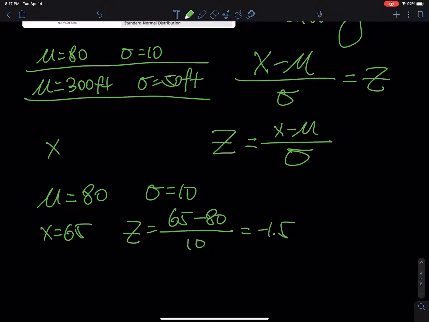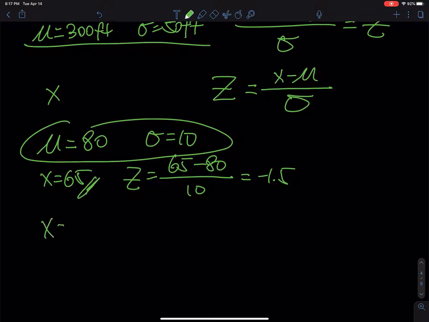If you just look at the 65, how do you compare it with a 90? Do you compare 65 and 80 and then 65 and 10? You don't do that. You do a z.